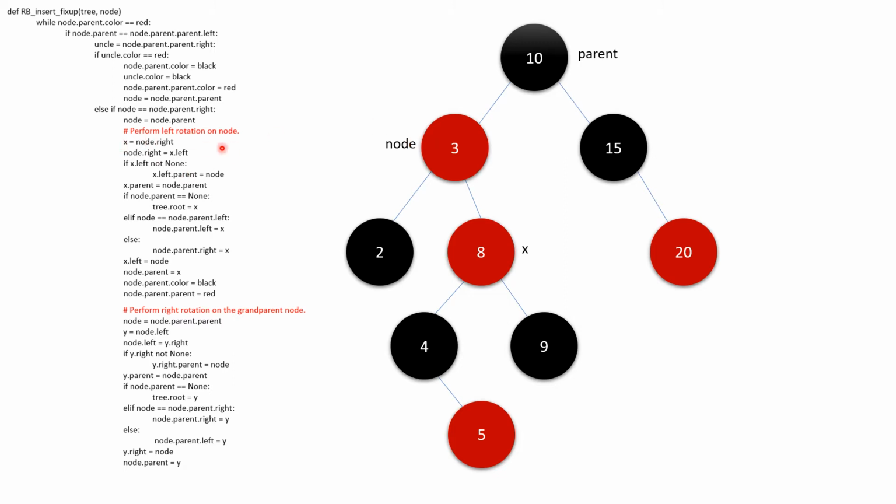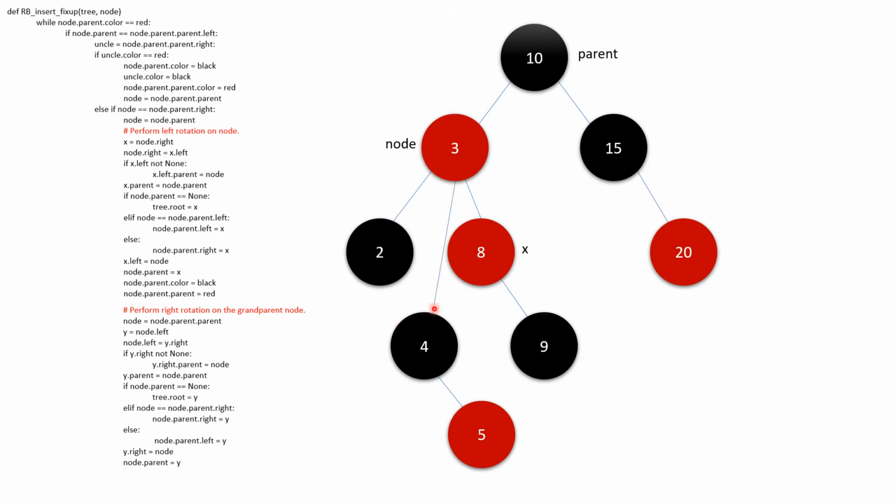Now we'll perform the left rotation on this node. So the first step is to make the right child the X. The left child of the X should now point to be the right child of the node.